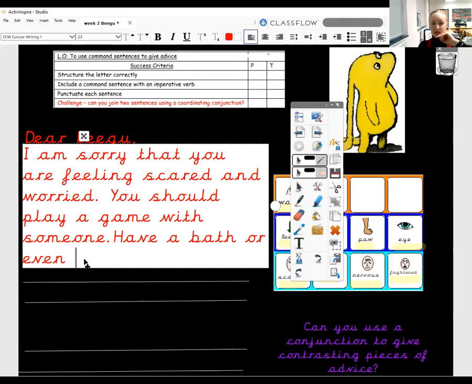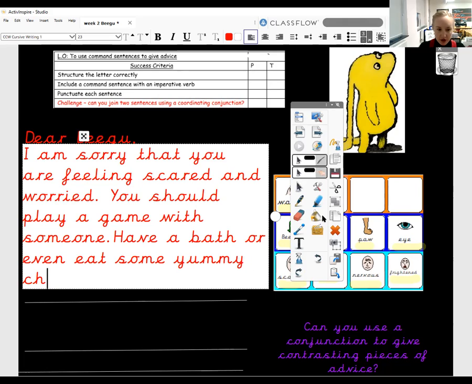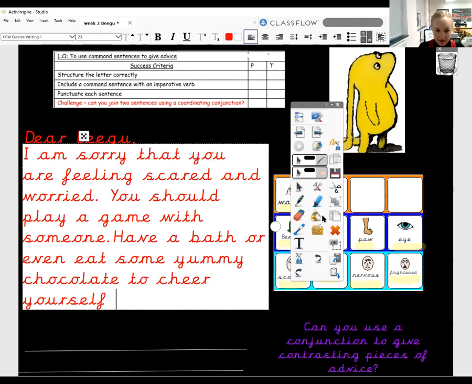Eat some yummy chocolate. What makes an E sound at the end of my word? A Y. Yummy chocolate. Have a bath or even eat some yummy chocolate to cheer yourself up.